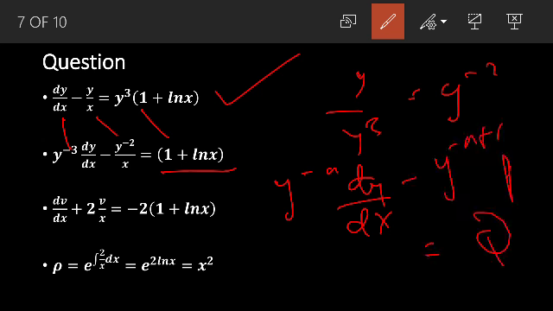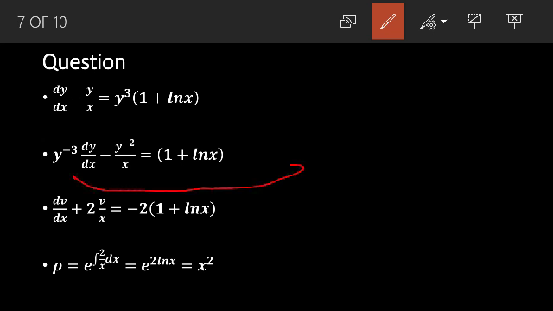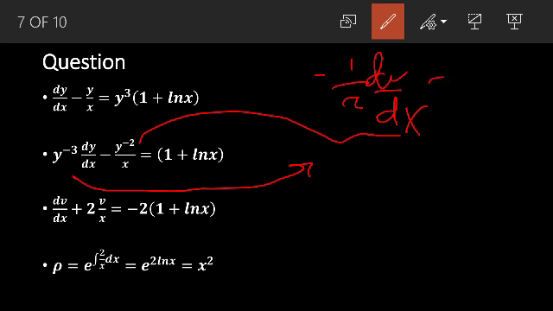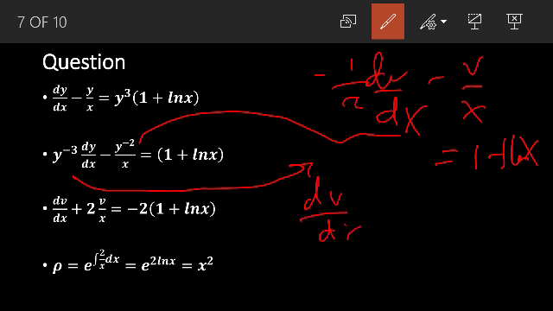Now to substitute, this now becomes minus v over x, since y to power minus 2 is v, equal to 1 plus ln x. At this point, to make it look like a first order linear equation, we can multiply through by minus 2, and if we do that, we get dv dx plus 2v over x equal to 2 into 1 plus ln x.